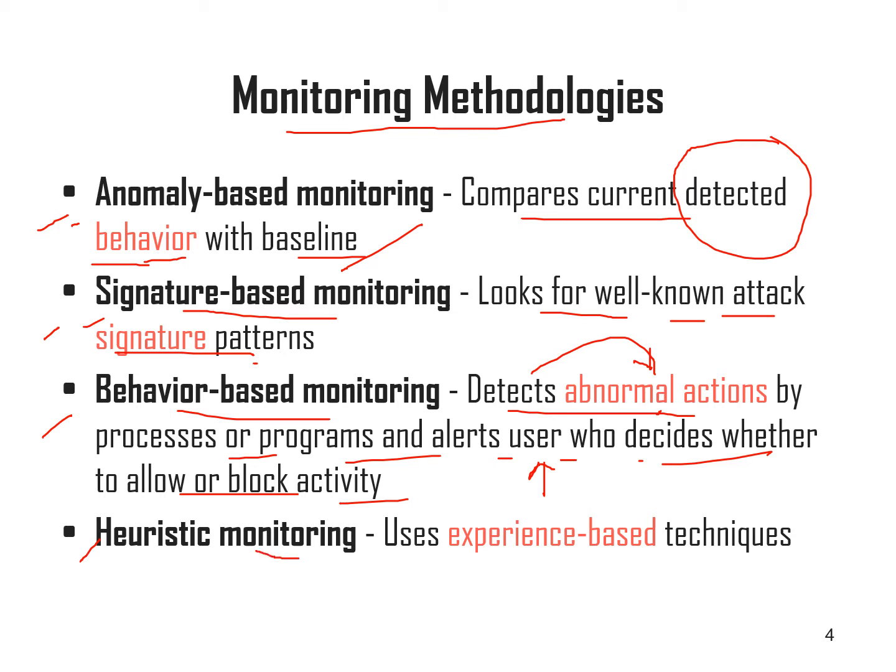What is meant by heuristic-based monitoring? It uses experience-based techniques, for example lexical behavior. In case of detecting phishing, you can use URL-based detection. A URL is nothing but the link, and the link has its own parameters: the slashes, the number of dots, the number of subdomains.